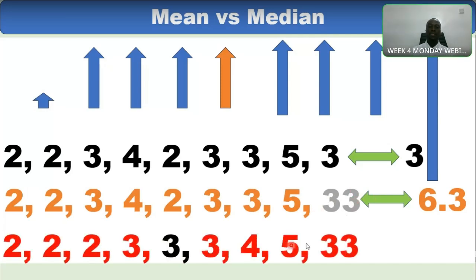So when we rearrange it, we have this, and then our median is 3, which is actually representative of these values here. So using 3 as the center of these values is very okay, despite the fact that this 33 is there. And that is the power of median when it comes to an outlier.